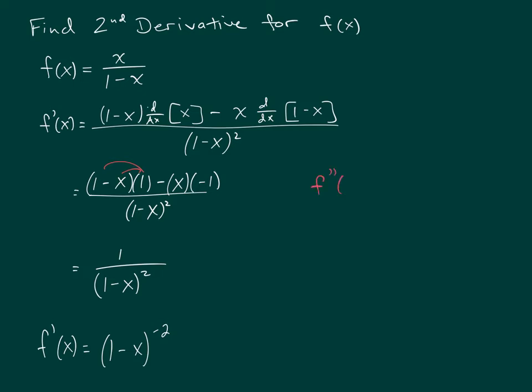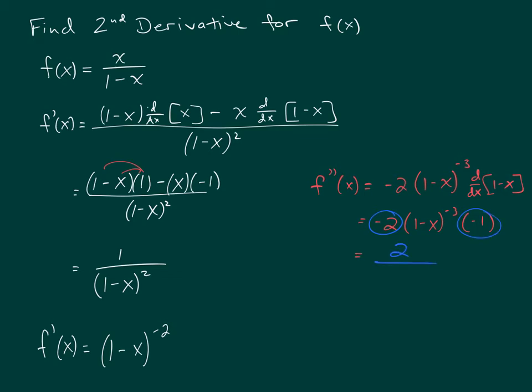So f double prime of x will be negative 2 times 1 minus x to the negative 3rd power times the derivative of what's inside. And so I have to actually take that derivative, so I will have negative 2 times 1 minus x to the negative 3rd times negative 1, and simplifying this a little bit gives me 2 as I multiply negative 2 times negative 1, that gives me the 2 in the top.